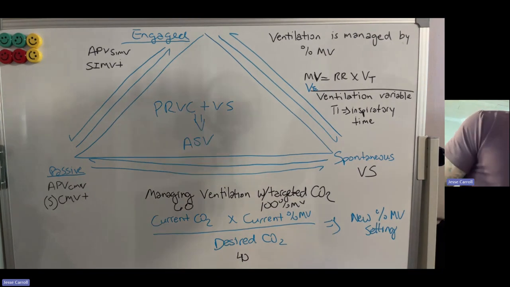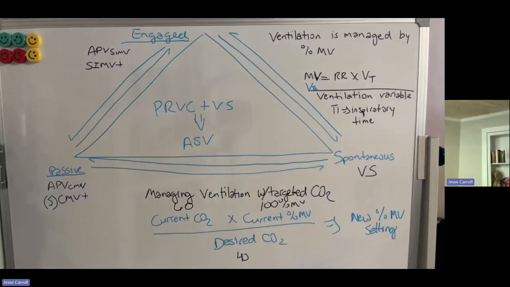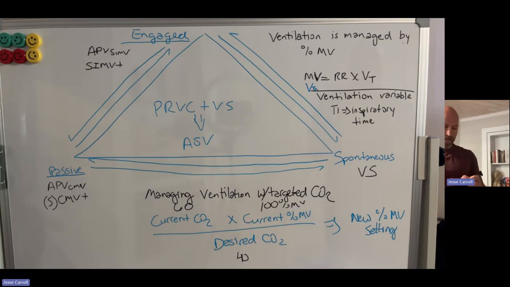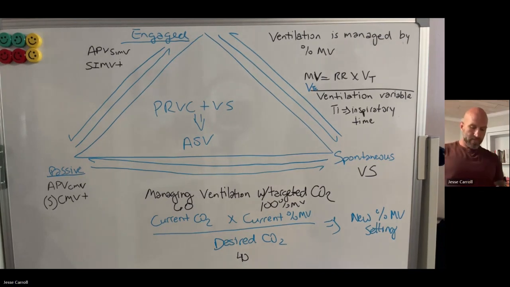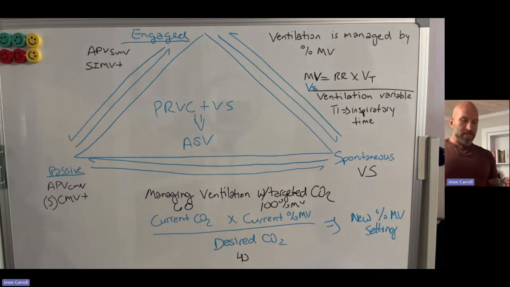I'm going to grab my calculator. I'm going to take 60 multiplied by 100, which equals 6,000. And then I'm going to divide that by 40. That gives me a new percent minute volume of 150%.